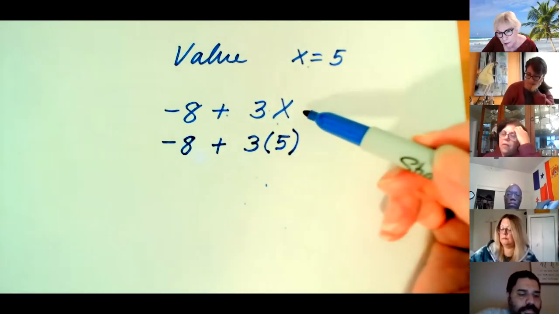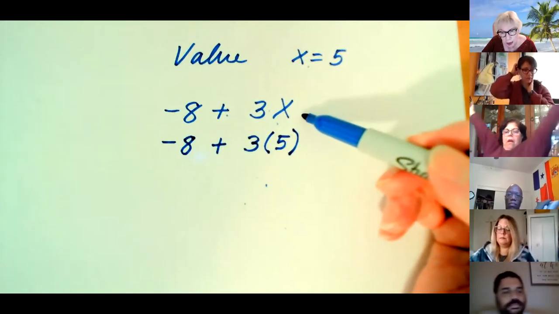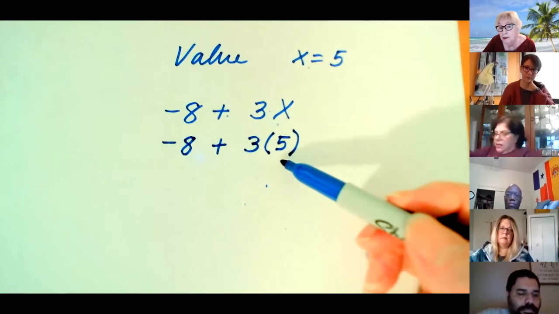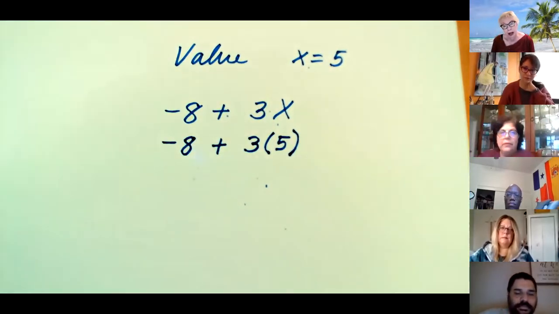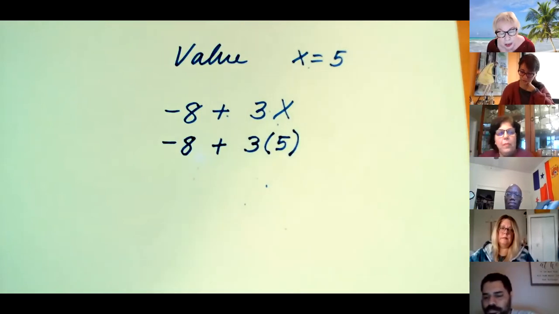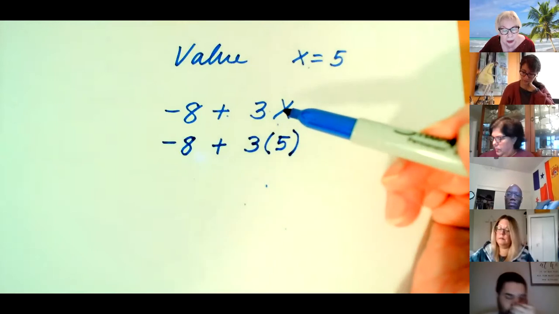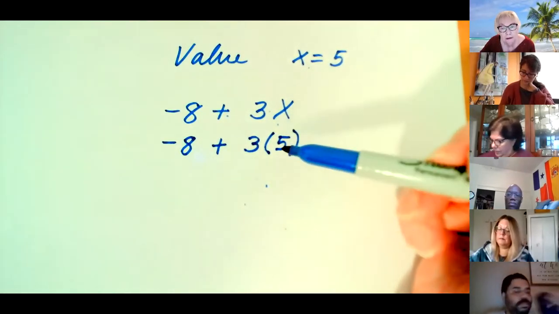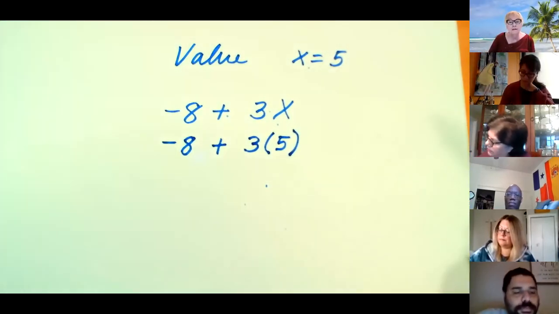When I see that you have the right formula to start with, you copied it correctly, and you drop the number in, I would give you partial credit if you stopped right there. Because this is the crucial step that the letter x, which is really a number, was replaced with its value of 5. And so this is the crucial step.